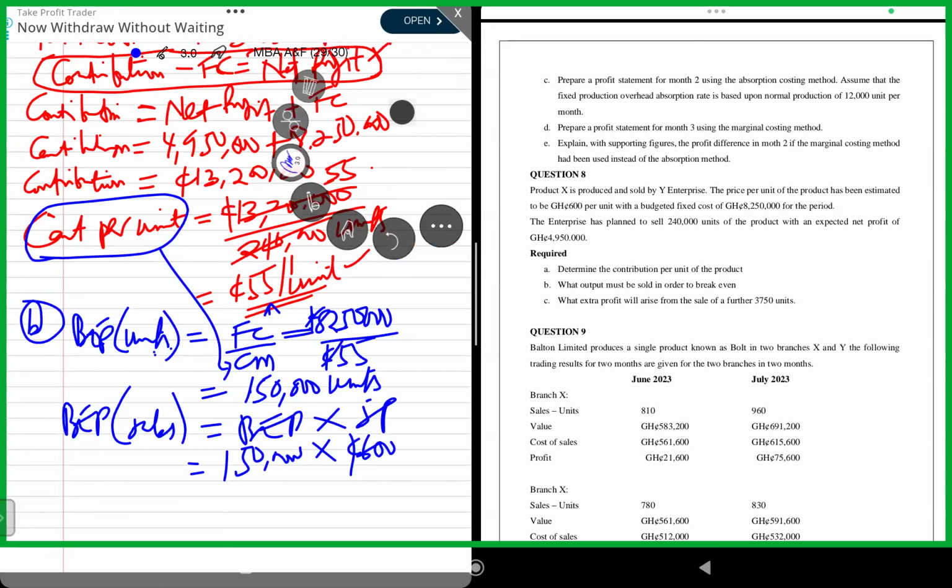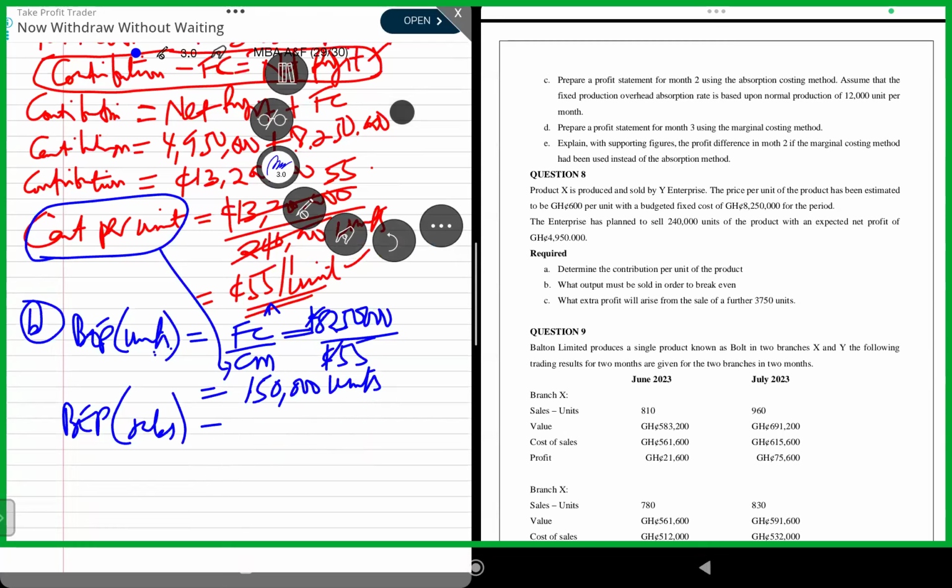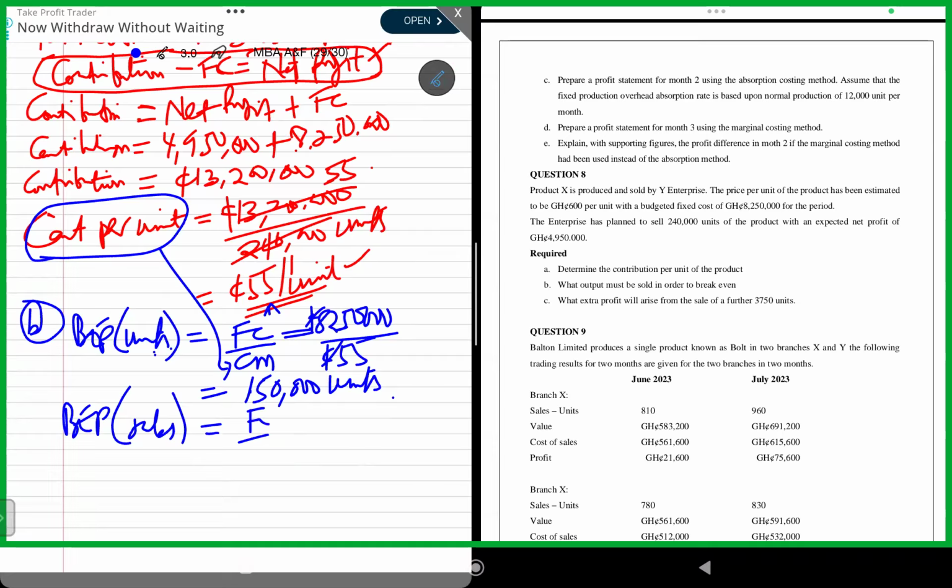And assuming the question asked you straight away to find the break-even point in sales value. They didn't say we should find the units. In sales value, you just say fixed cost over contribution times selling price. Simple. Then you plug in all the values: 8,250,000 over the contribution margin of 55 cedis times 600 cedis selling price.